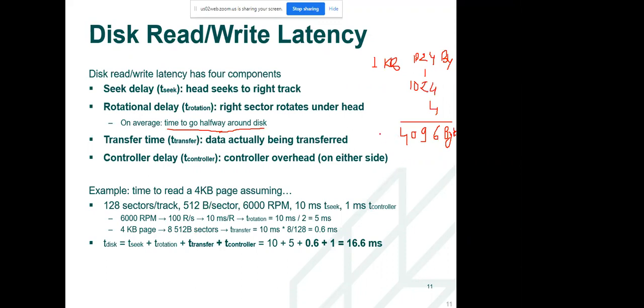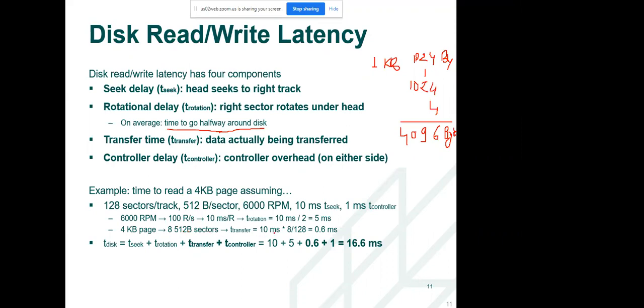Then we have to divide it by 512. If 4096 bytes total length is there and 512 bytes per sector it will read, this is the total. I have converted 4 KB into 512 bytes per sector.